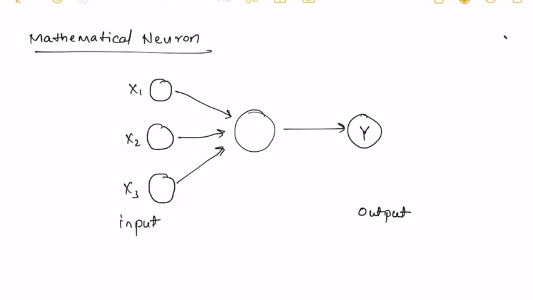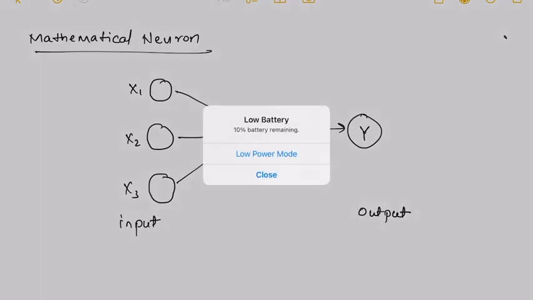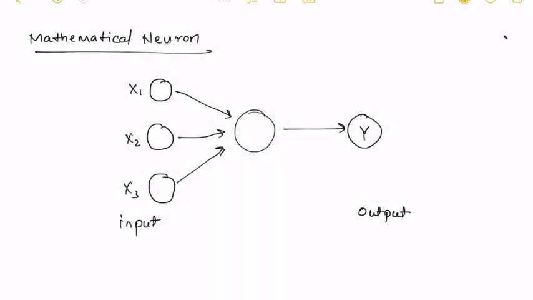Okay, right. So for each input, this neuron has a weight which corresponds with the number of inputs. So this x1 connection with the neuron has weight w1. This x2 connection, let's say, has weight w2, and similarly this has weight w3. So the operation that is happening in the neuron is just a weighted summation of all the inputs.